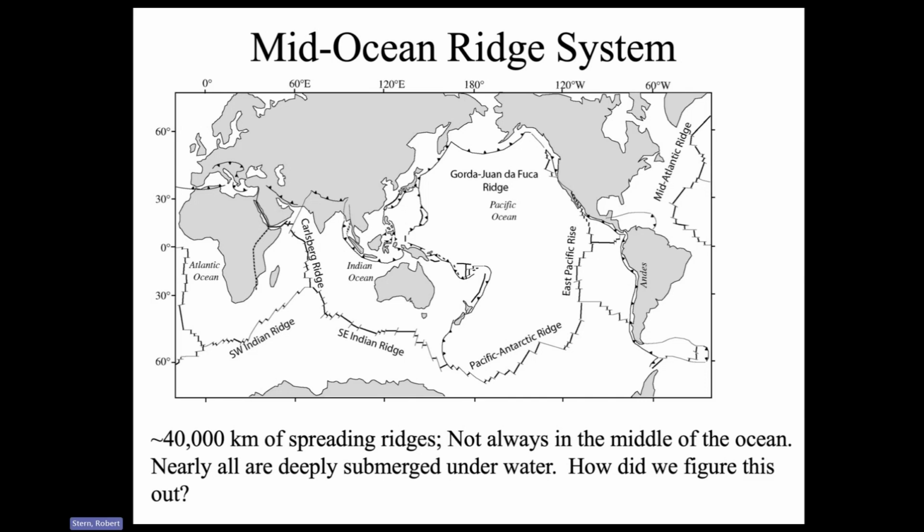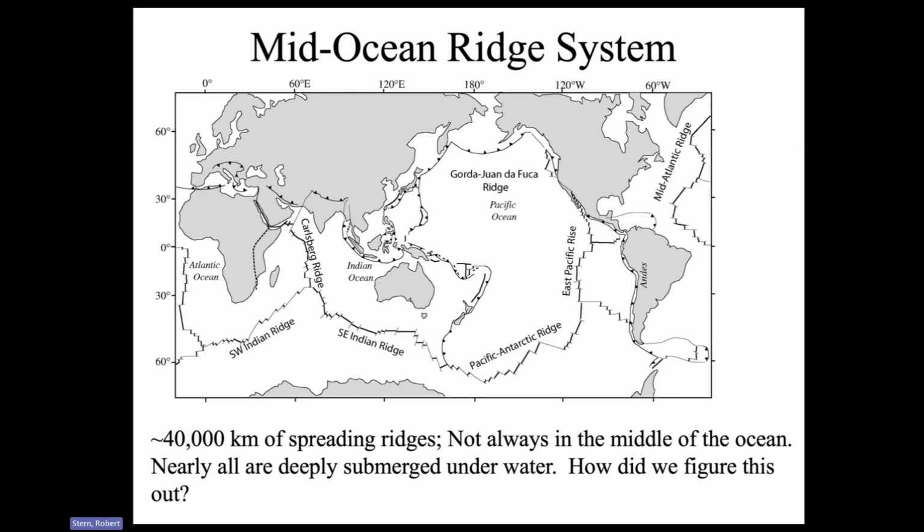This is our present understanding, and what you'll see is the solid thick lines are the spreading segments. The narrow straight lines are transform faults, and the lines with barbs are convergent plate margins, marking where the plate is going down. And this is our modern understanding, not what they knew back 60 years ago.